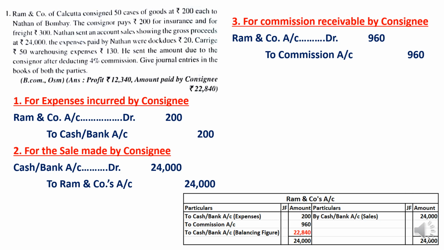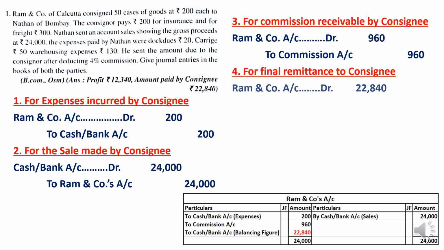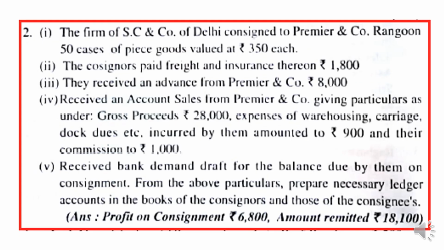Clear? Now the balancing figure we are getting is 22,840, that will be payable to the consignor. For that we will pass an entry for final remittance to consignor, consignor account, that is Ram and Co account debit to cash or bank. So in this way we have to write the journal entries and prepare the ledger account in the books of consignee. Clear? Now we'll take up one more question to make you better understand.